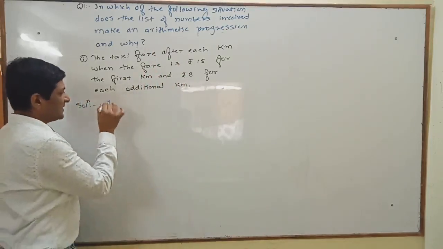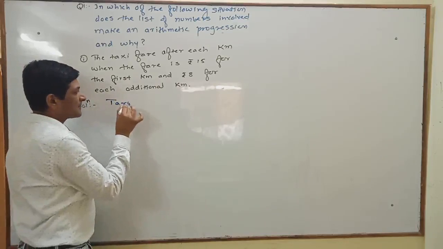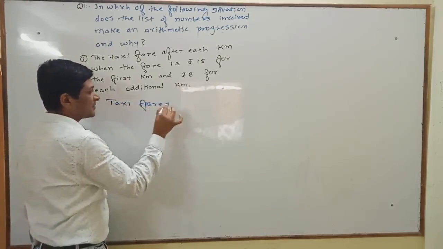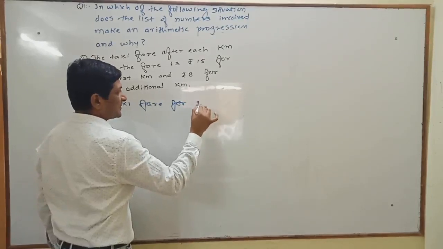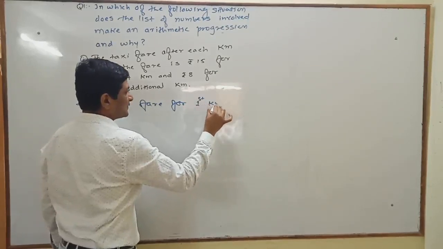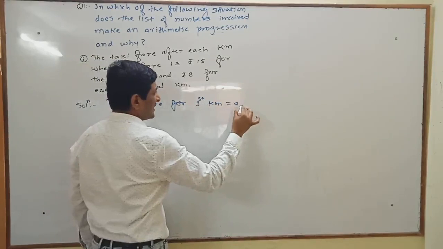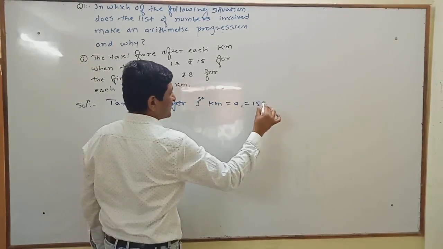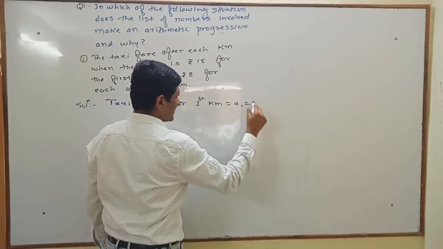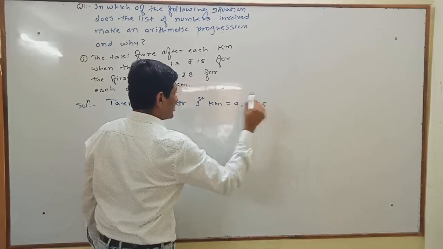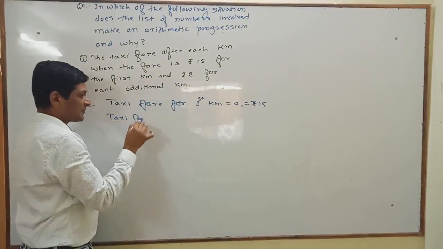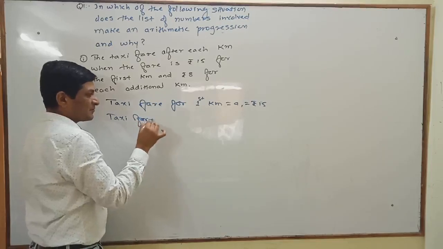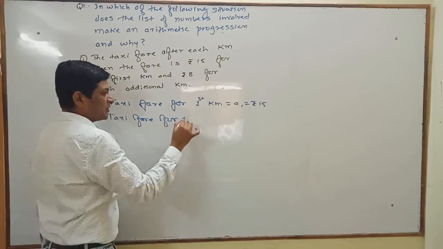The taxi fare for the first kilometer is equal to A1, which is equal to rupees 15 according to the given condition. Now we are finding the taxi fare for 2 kilometers.